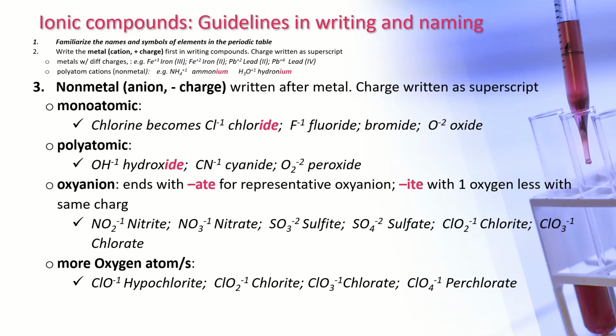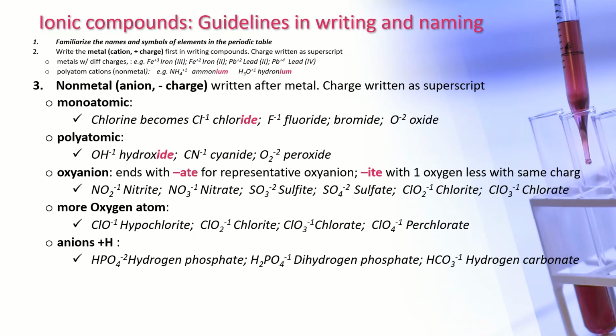Non-metal could also have more oxygen atoms like hypochlorite, chlorite, chlorate, and perchlorate. Non-metal could also be an anion plus hydrogen like hydrogen phosphate, dihydrogen phosphate, and hydrogen carbonate.